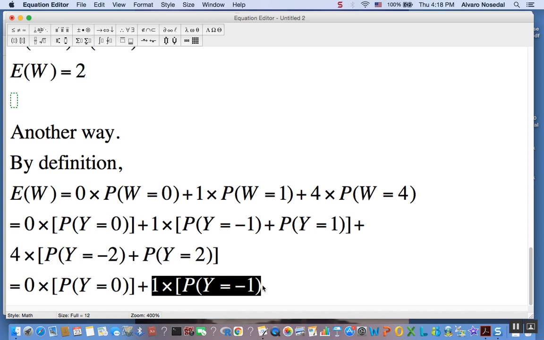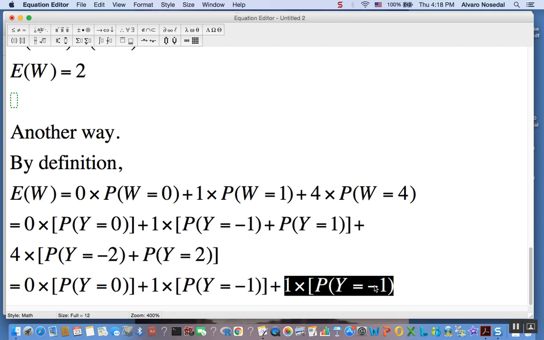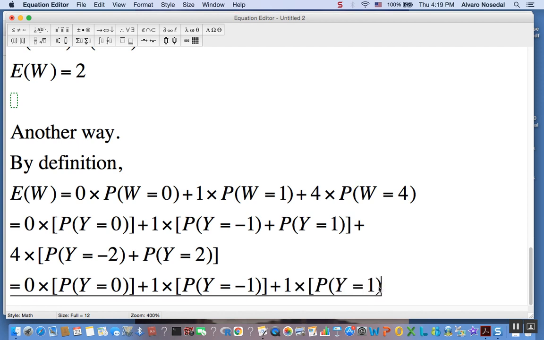And then we have 1 times the probability that y equals -1, and 1 times the probability that y equals 1.